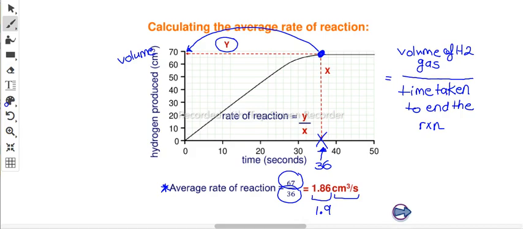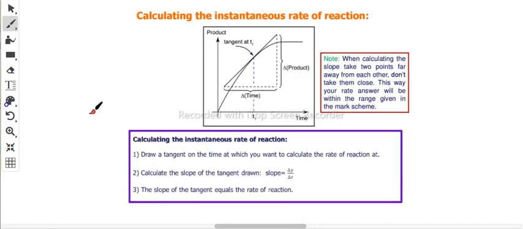Now we're going to go into the second type of rate of reaction, which is calculating the instantaneous rate of reaction. Here we need to remember that the instantaneous rate of reaction is the rate at a specific time given.